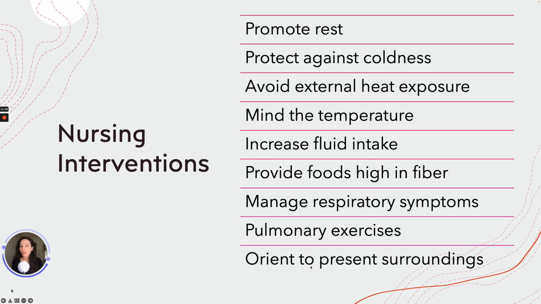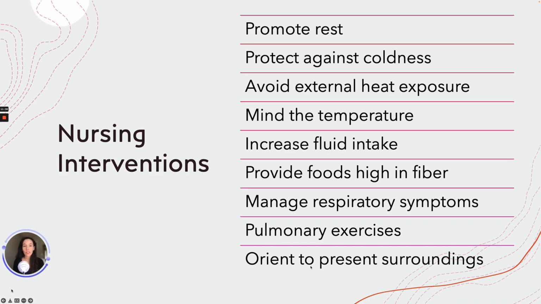Our nursing interventions can include promote rest, so we'll space activities to promote rest and exercise as tolerated. We want to protect against coldness, so adding an extra layer of clothing or a blanket. We want to avoid external heat exposure, discouraging and avoiding the use of external heat sources. Mind the temperature. We want to monitor the patient's body temperature.